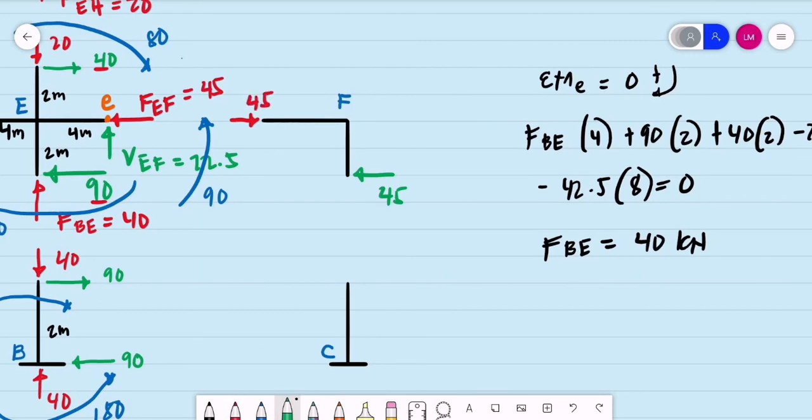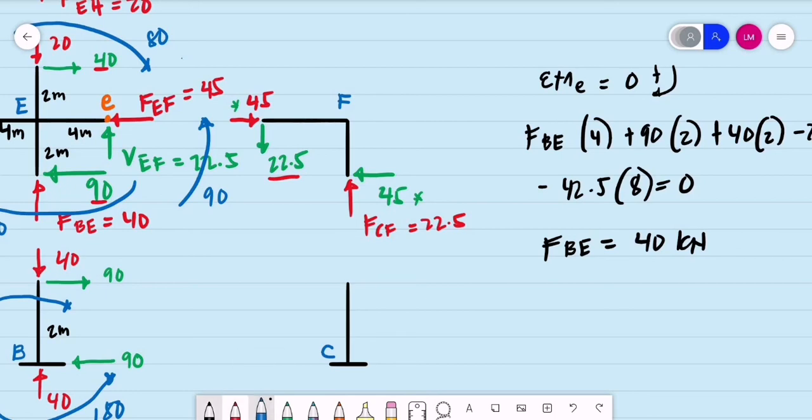Then the shear, this is 22.5 kilonewtons downward. So for equilibrium, as you can see, if you are to check the horizontal forces, there is 45 kilonewtons to the right and 45 kilonewtons to the left. Then the axial force for column CF is the same as this vertical force, 22.5.